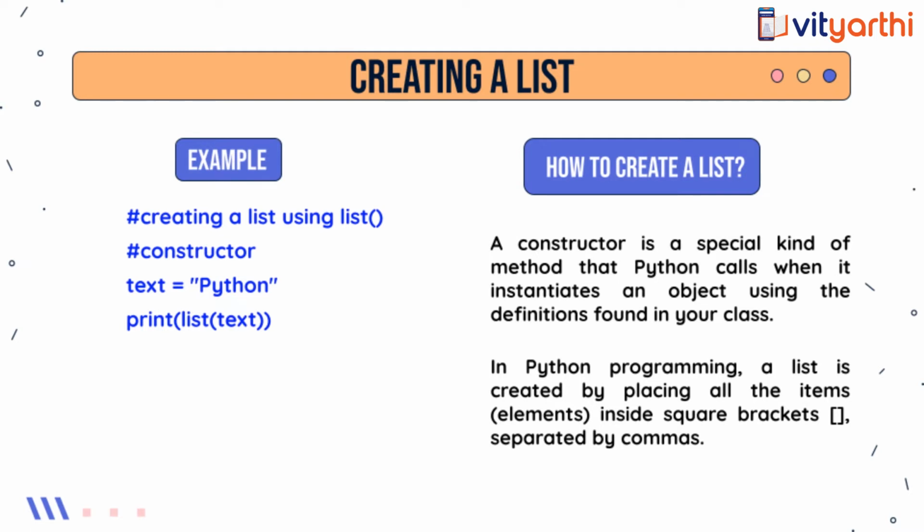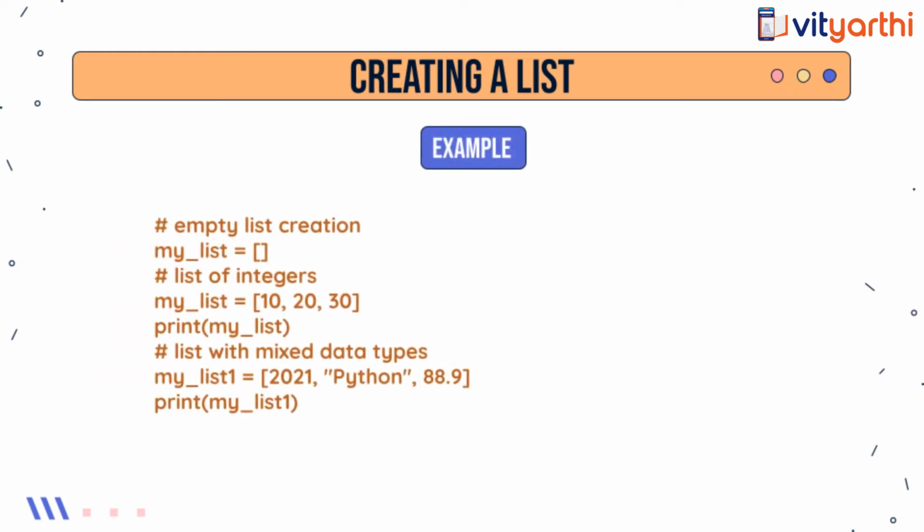Example 1. Creating a list using list function. text = 'Python', print(list(text)). Output: P Y T H O N. Example 2. Empty list creation. my_list = [] (empty).